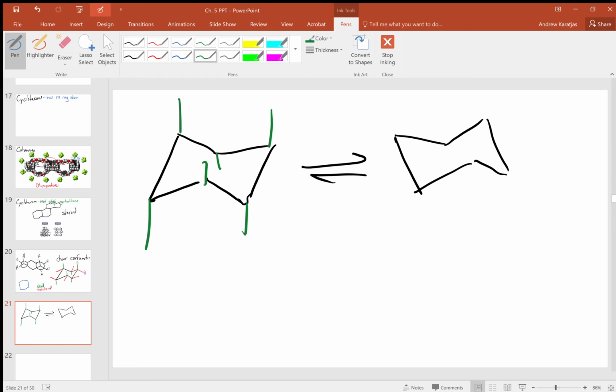But what you'll see happen is all of those green bonds, which are the axial ones, when we get a chair flip, they become equatorial.